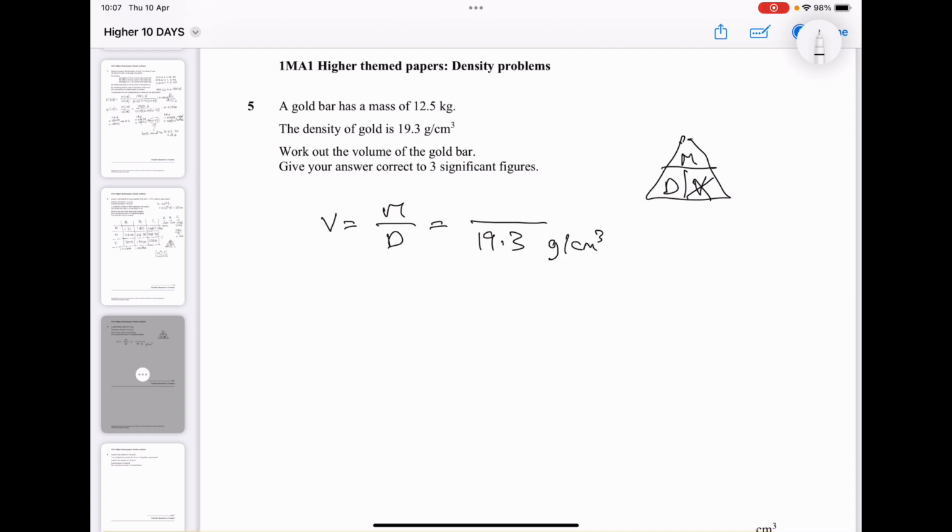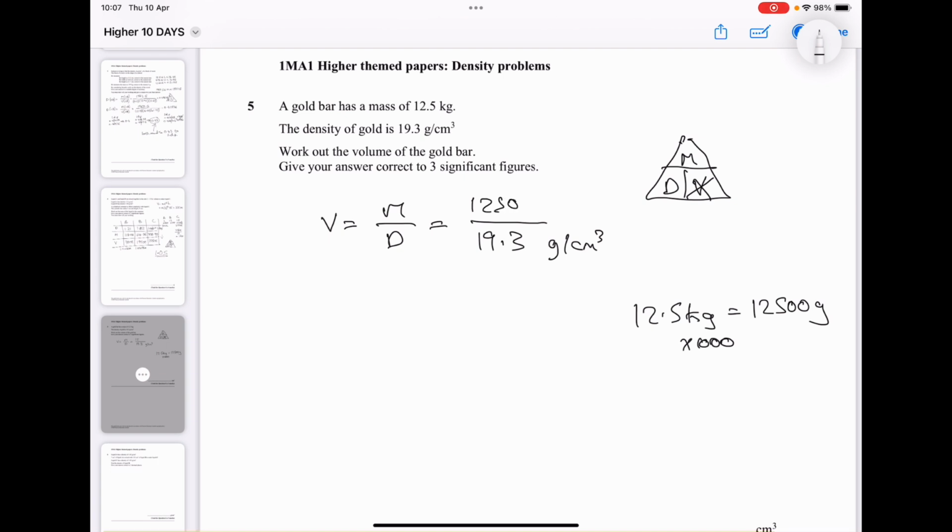Now my mass unfortunately is in kilograms, so 12.5 kilograms times by 1,000 equals 12,500 grams. So that's what I want this to be, because it's got to be the same units as the density.